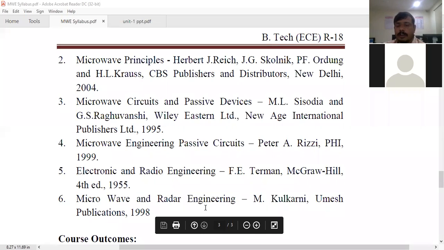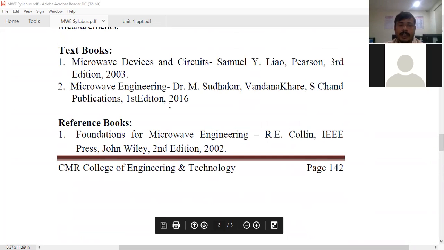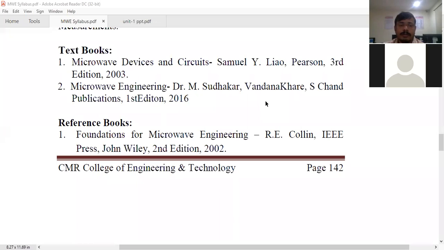One more book is Microwave Engineering, prepared by our former professor, Dr. M. Sudhakar sir. That is also in our library. In this book, a few mistakes are there, and I will tell you where the mistakes are.